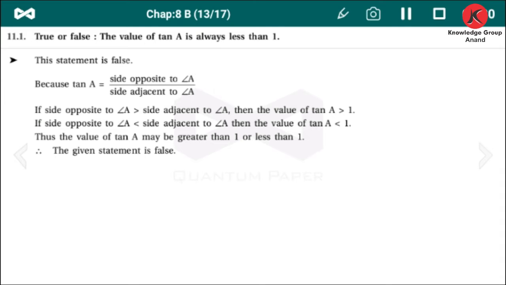If the opposite side to A is greater than the adjacent side, then the value of tan A is greater than 1.